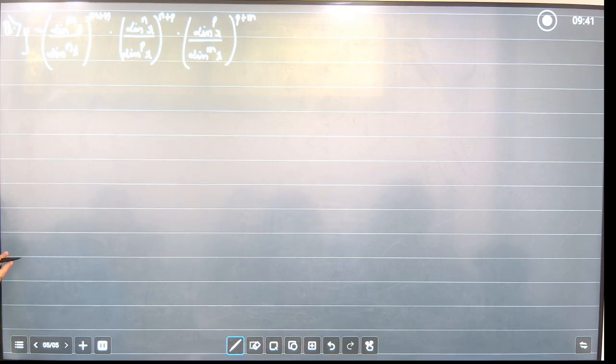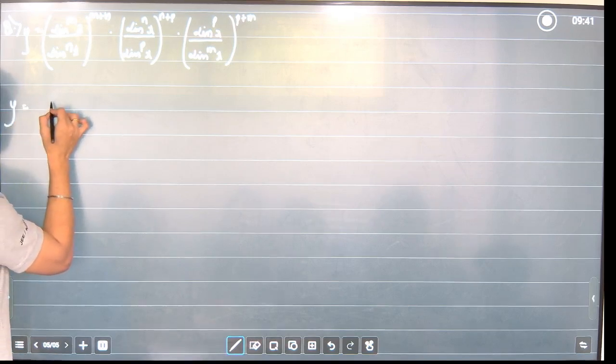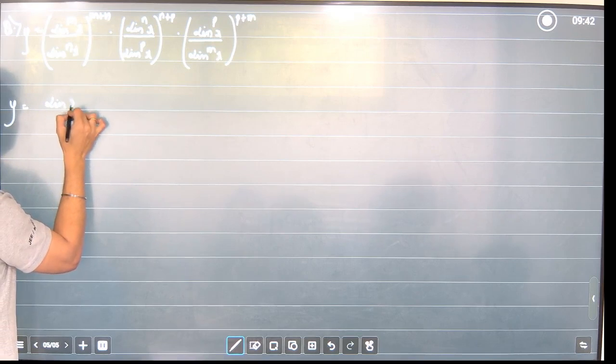algebraic function. Now when I simplify an algebraic function, what I'm supposed to do is, I'll write y is equal to, first of all I'll write it like this.